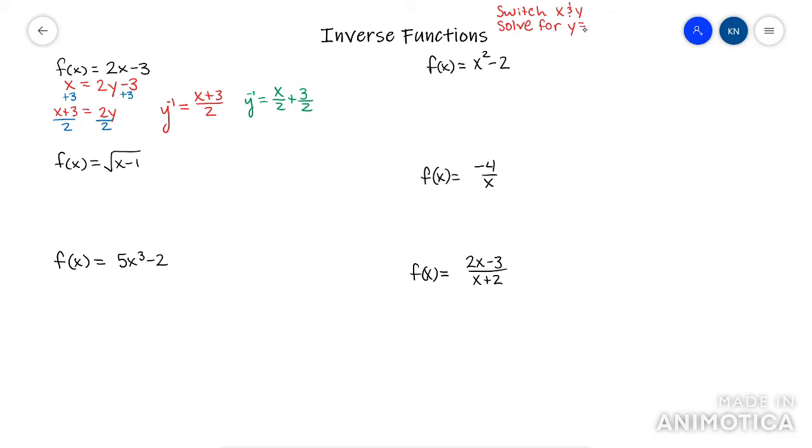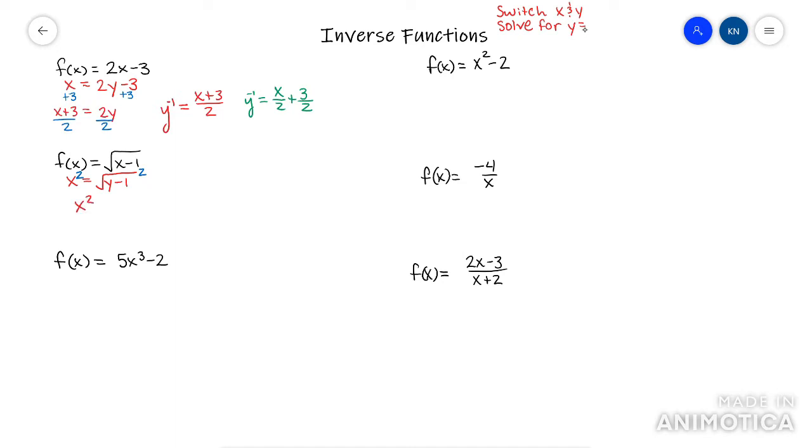Okay, the next one would be a root. Roots aren't that bad. Basically start out the same way, so switch x and y, so now it's x equals root y minus 1. You cannot touch this minus 1 yet. You can't add 1 there. You have to cancel the root first. So you're going to cancel this root by squaring the functions. So now it's going to be x squared on the left side.